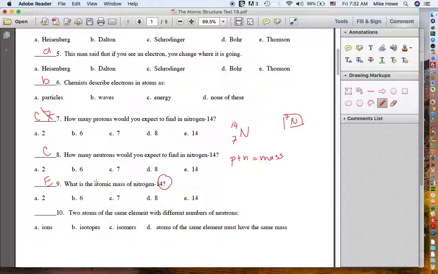And 2 atoms of the same element that have different numbers of neutrons, those are the isotopes that Dalton didn't know about. Isotopes are what Dalton didn't realize, but they exist because of the different numbers of neutrons.